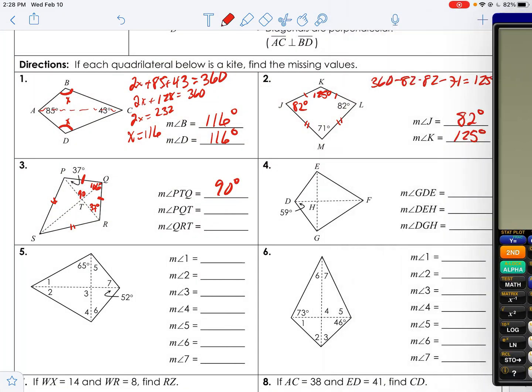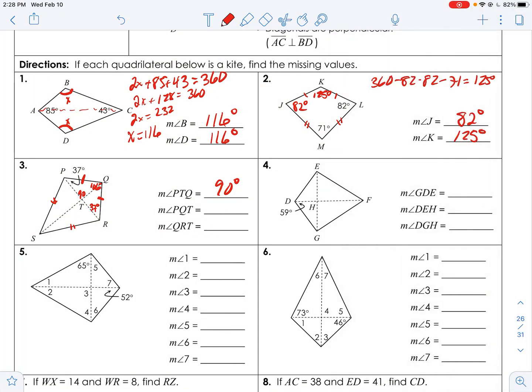Oh, okay, so that splits. The non-congruent angles are bisected by their diagonal. They're not congruent to each other, but they get bisected and cut in half. So that's going to be 53 degrees. And QRT is also 37 degrees.